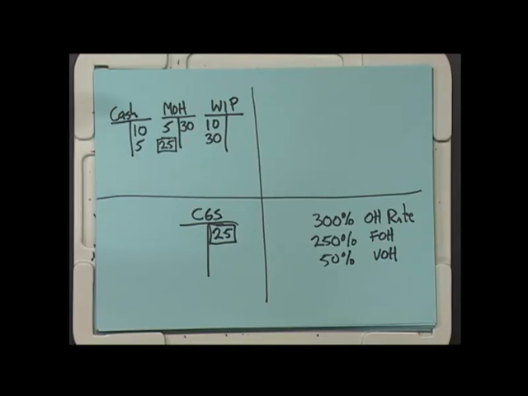So this is our second concern about absorption costing, which is that it makes it seem like we are richer if we make stuff we can't sell.